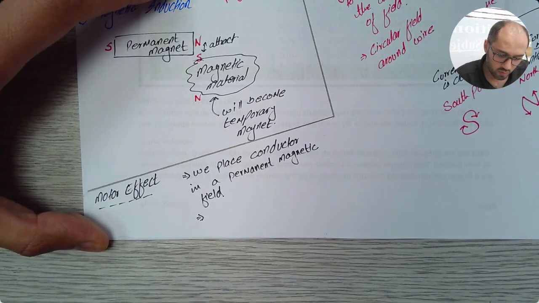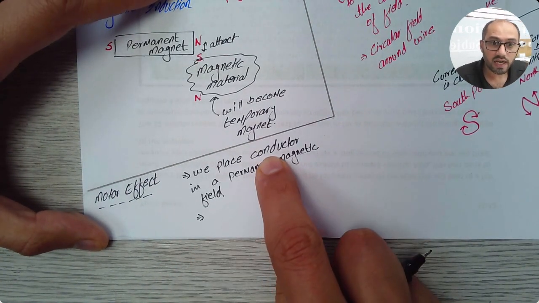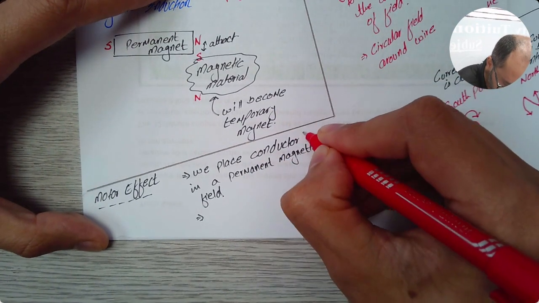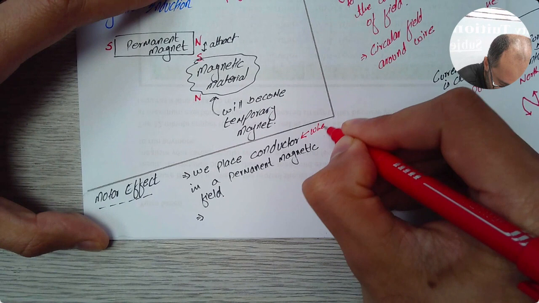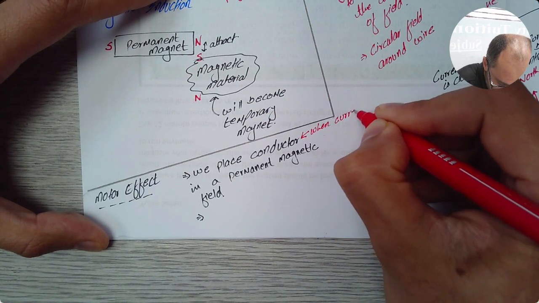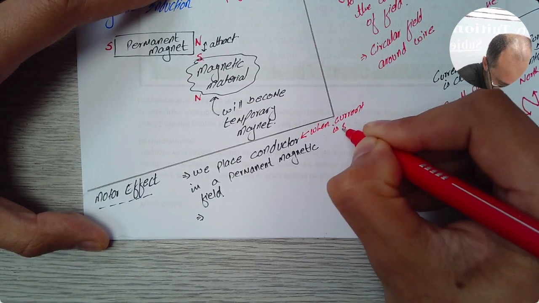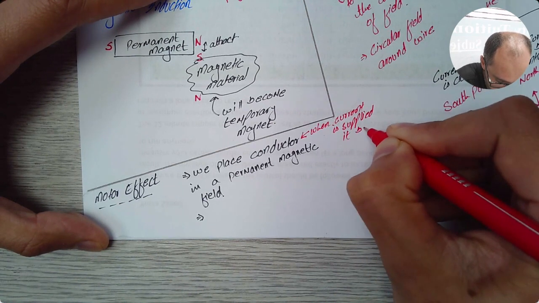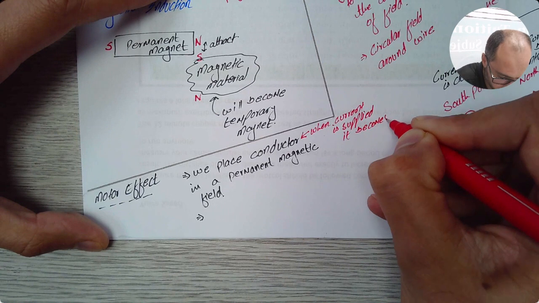And you know now, when this conductor carries current, it will become a magnet. You can say when current is supplied, it becomes an electromagnet.